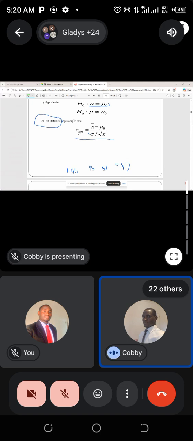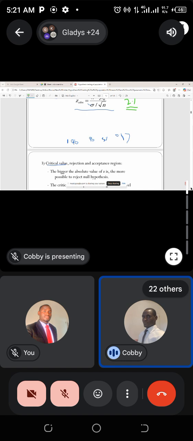So we have the test statistics that we calculate using this formula: the sample mean that is given minus the population mean, divided by the variance divided by the square root of n. Then we are going to find the answer. If we find, for instance, 2.1, then you need to compare it with the critical value.